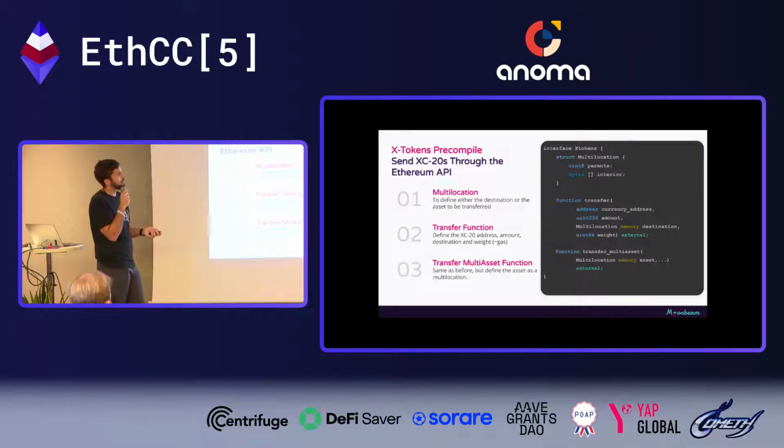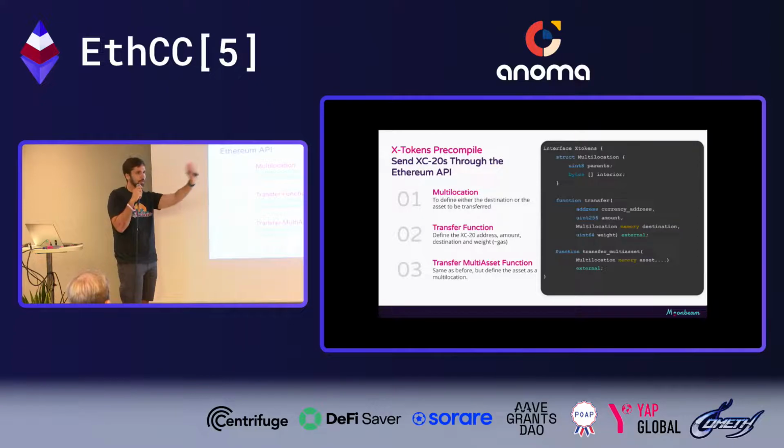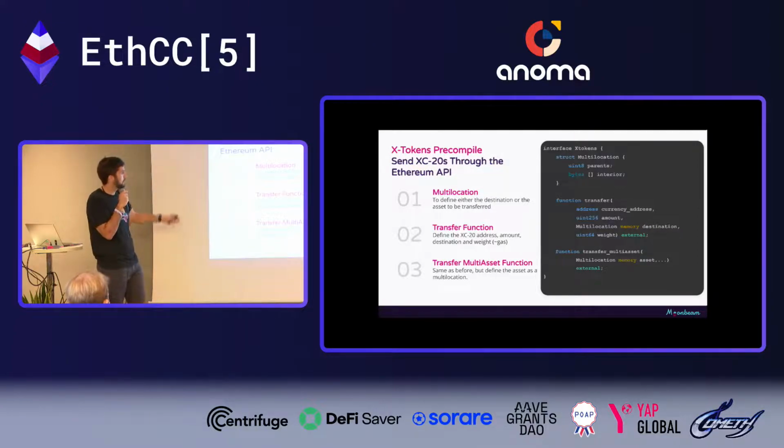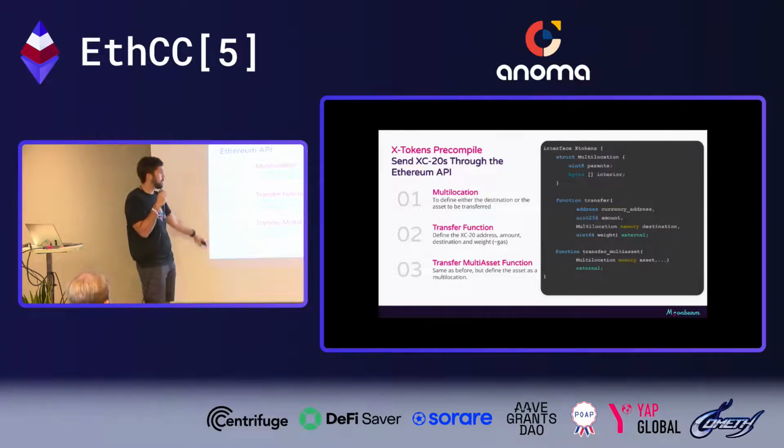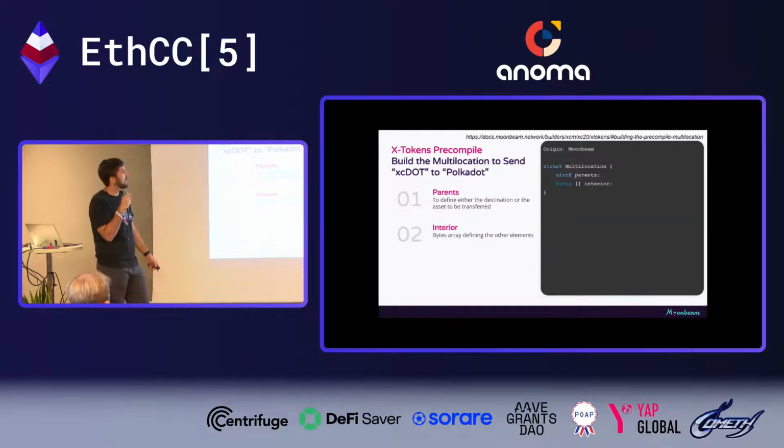We're going to use the transfer one because it's a little bit easier, because we provide basically the XC20 token address. So it's like an ERC20 token address. We provide the amount. We're going to build a multi-location to specify a destination account. And we're going to provide the weight, which you more or less know, but we're going to put a very high number, just not too worried about the weight, okay? And so basically, these are the 3 steps that we're going to do. And let's talk about the multi-location, right?